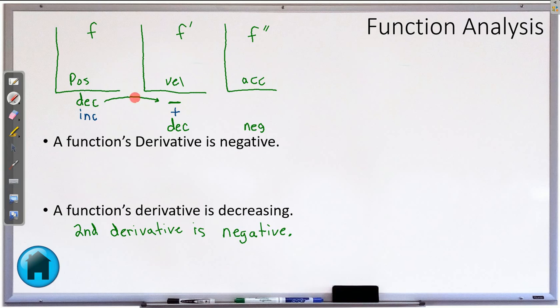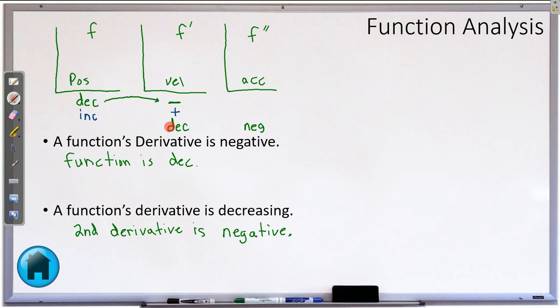Now, the first one I'm hoping you can visualize. If a function's derivative is negative, the function is decreasing. But what does the other one look like? The second derivative is negative.